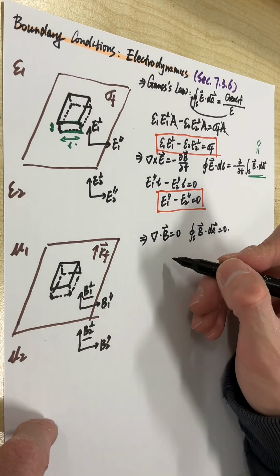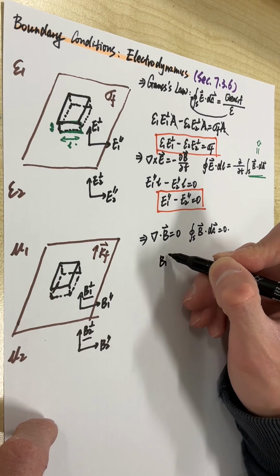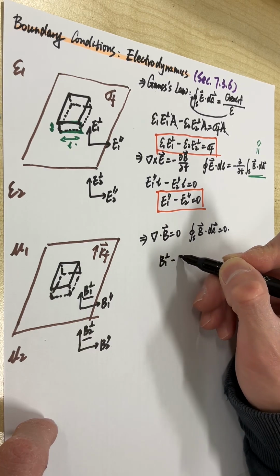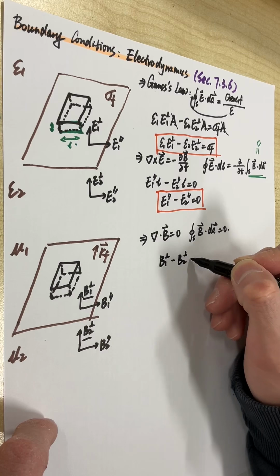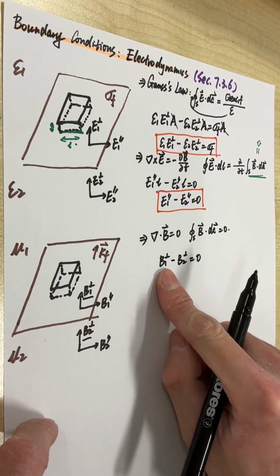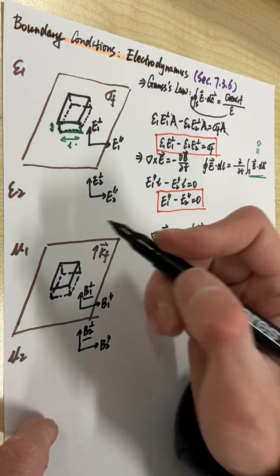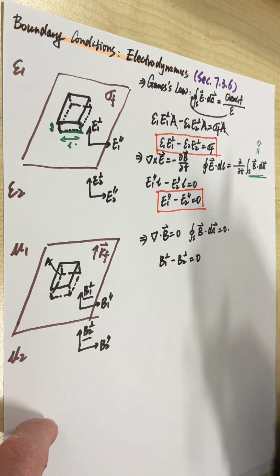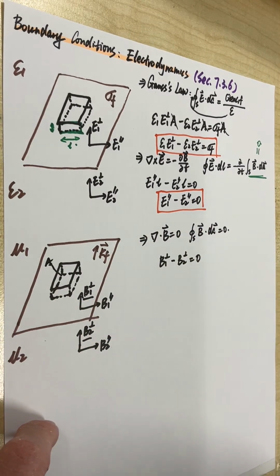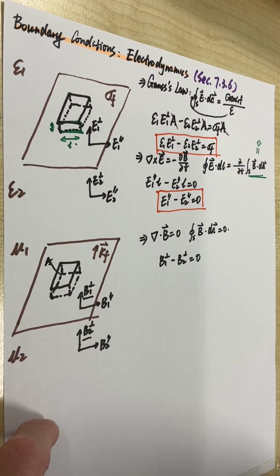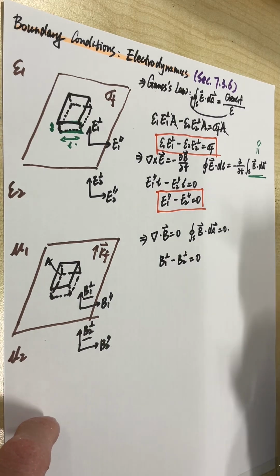So we have B1 normal component minus B2 normal component equal to 0. Basically you multiply them by the area A, and there is no magnetic charge. There's current, but there is no magnetic charge.